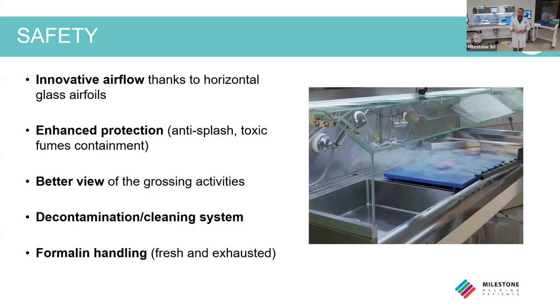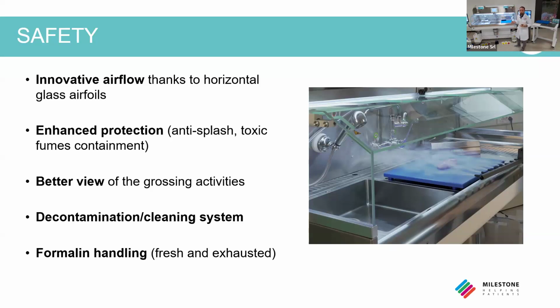As you see in the image, we usually perform a smoke test that visually shows that all the fumes are collected in the rear part, so no exposure for the operators. Then we do have enhanced protection thanks to this glass shield that is anti-splash and also, as you see, extremely clear.